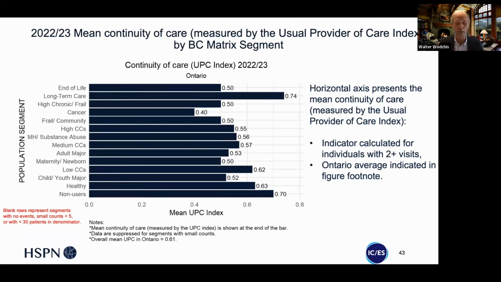What one would hope is that after they receive cancer care, they can resume a more normal pattern. So people do not stay in these categories forever. Hopefully they'll come out of the cancer care system and fall back into one of the other lower needs groups where we have slightly higher continuity of care, but not brilliant.